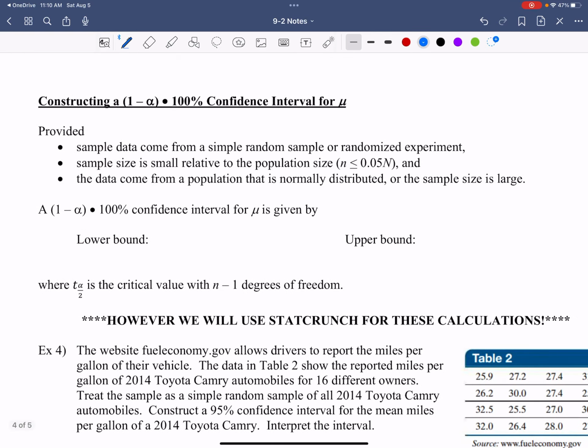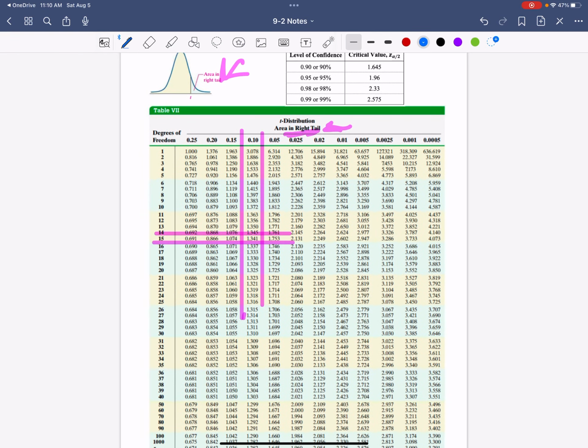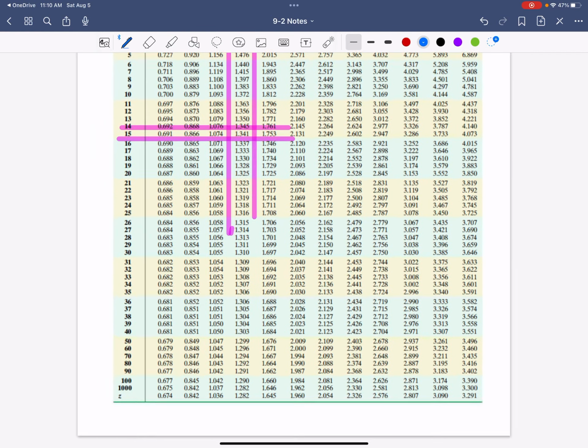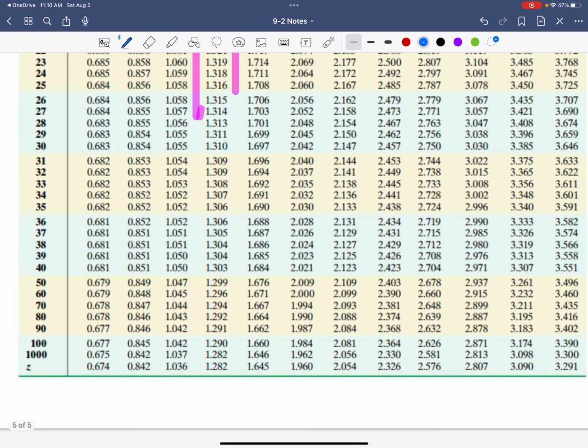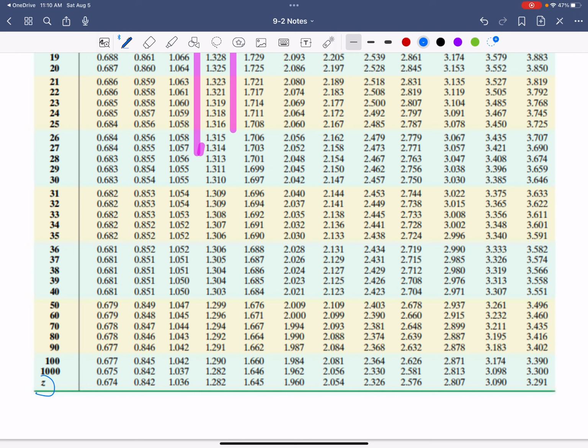So let's swing back over here to the chart because I want to point this out real quick. Look at what's happening at the very, very bottom of the chart. What variable do you see? Z. Why do you think that is? As this gets higher and higher degrees of freedom, what do we know? What's that very last characteristic?